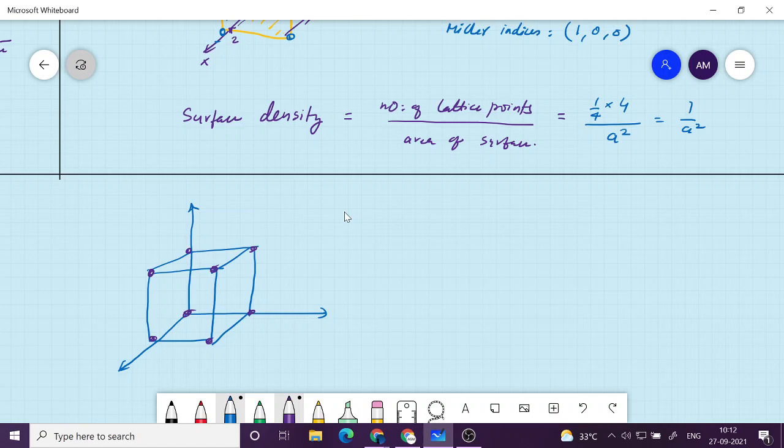Okay, this is again a simple cube I am taking. Now if you consider this plane, suppose the top of the wafer, that plane in the wafer is this particular plane.